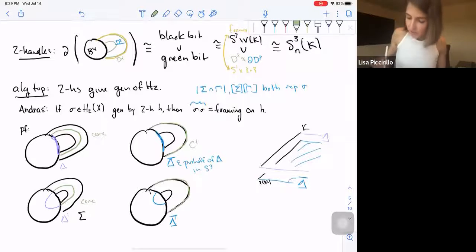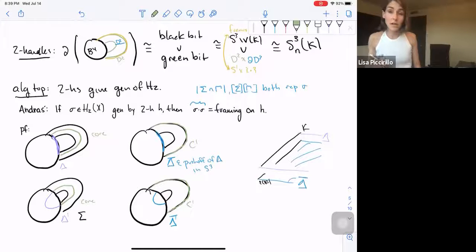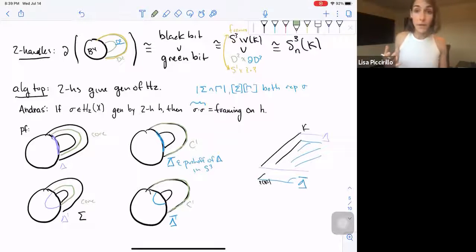All right, so what am I trying to do here? Why am I drawing C prime and delta prime? I'm supposed to be writing down another surface that generates H2 of this manifold. And you might think I'm being a little thick in how I've drawn this schematic. I've drawn this in such a way that the boundary of C prime doesn't look like it lines up with the boundary of delta bar prime. But in fact, that's deliberate.